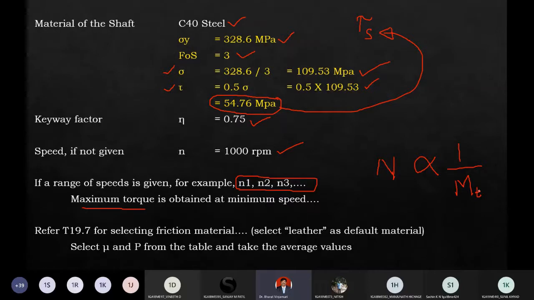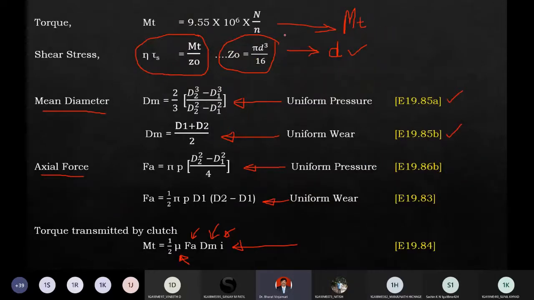So maximum torque is obtained at minimum speed.